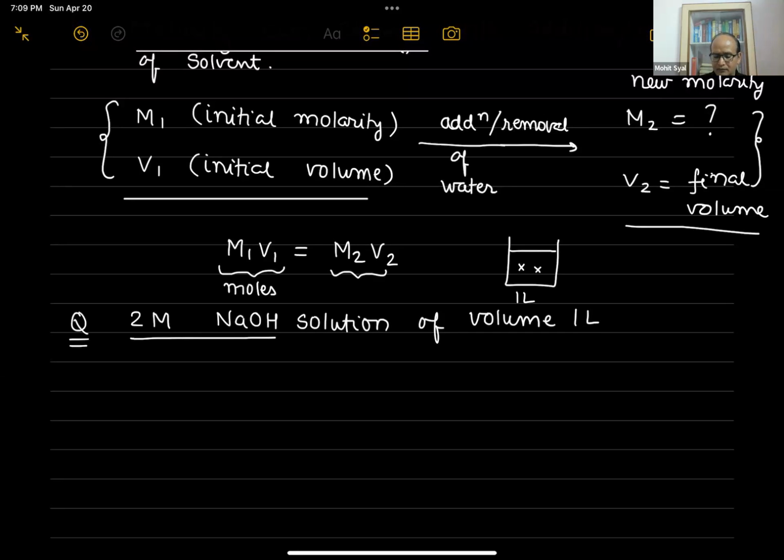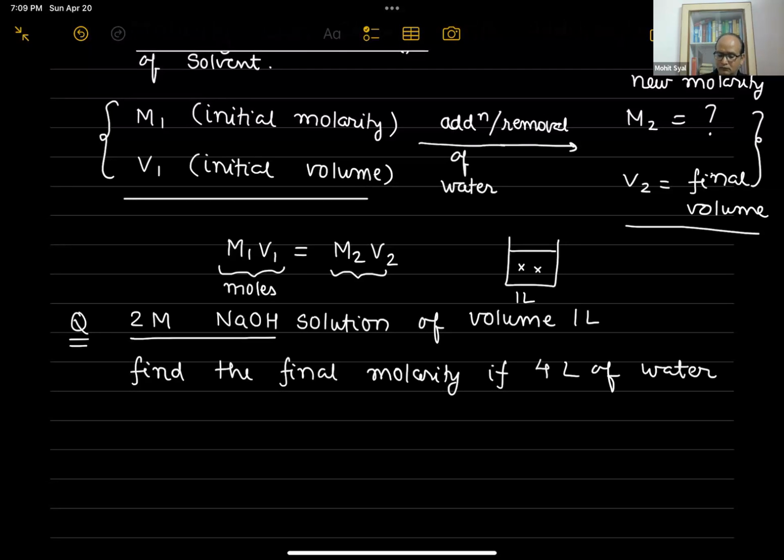Find the molarity if 4 liter of water is added to the solution.